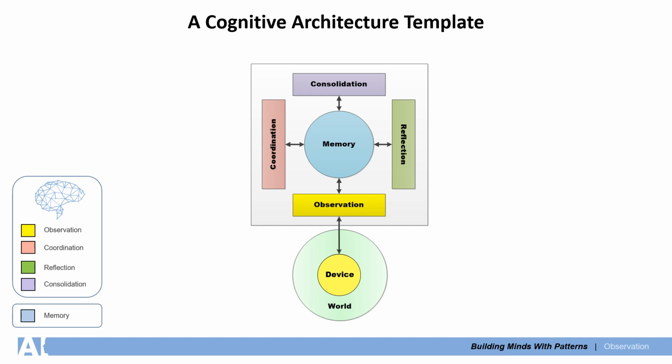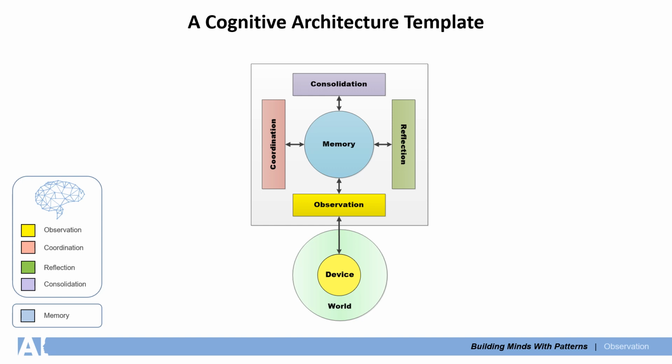In essence, a cognitive architecture is a blueprint for an artificial mind. Here we see areas for observation, coordination, reflection, and consolidation, as well as the device situated in the world. In this template, we can see a device situated in a real or virtual world. And this device communicates with the cognitive system through observation components, which store input from the device into the system's memory.